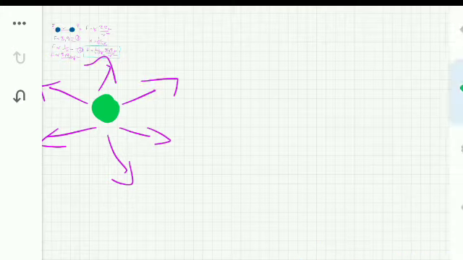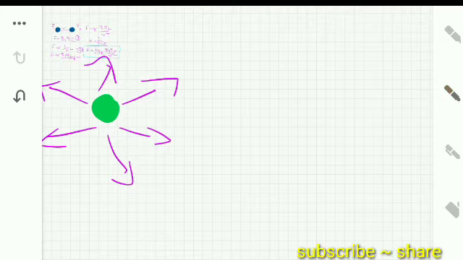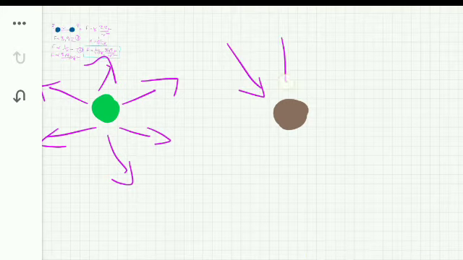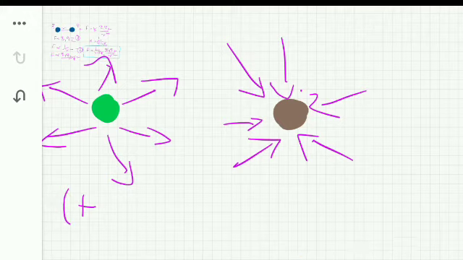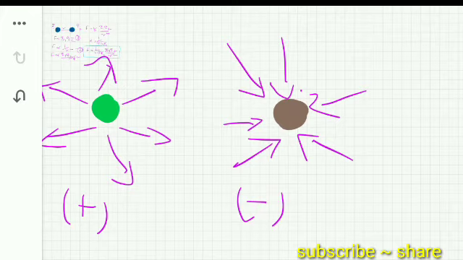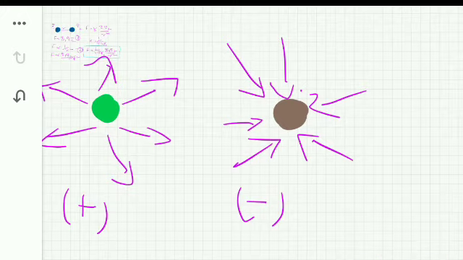If it is a negative charge, the lines of force go towards the negative charge. It is very, very important. This is a positive charge and this is a negative charge. In a positive charge, lines of force go away from the charge. In a negative charge, lines of force go towards the charge.